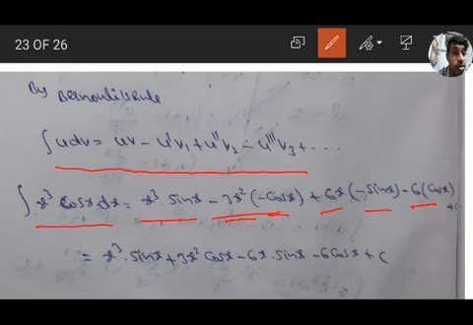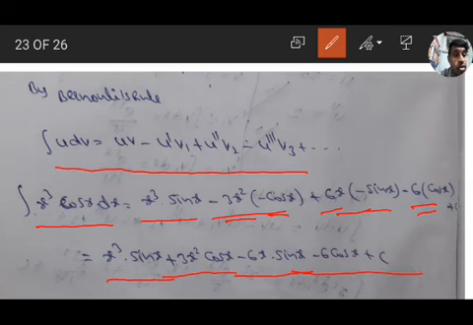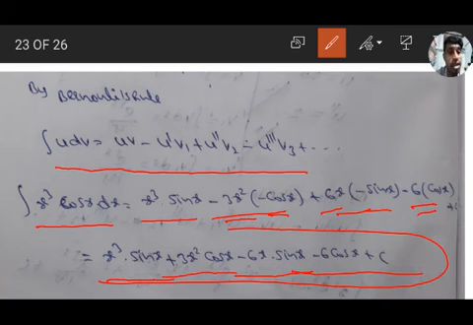With the signs, minus minus becomes plus, so x cube into sin x plus 3x square into cos x minus 6x into sin x minus 6 cos x plus c is the answer.